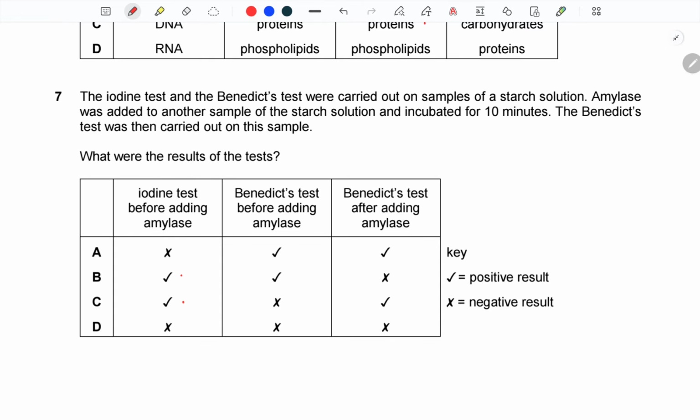Benedict's test before adding amylase will give a negative result, as it's still starch there. There's no reducing sugar present. Benedict's test is only for reducing sugars. Benedict's test after adding amylase: starch will be broken down into maltose, a reducing sugar, so it will give a positive test. So our answer for 7 should be C.